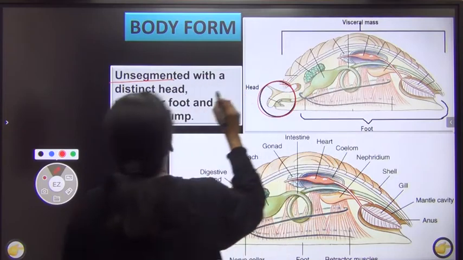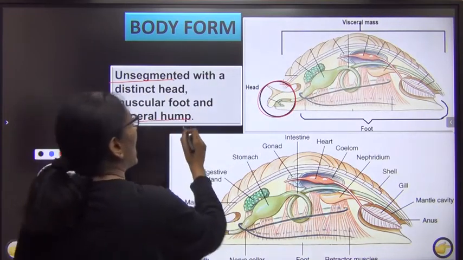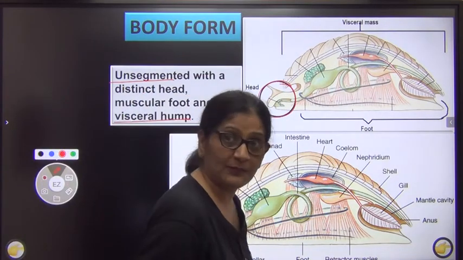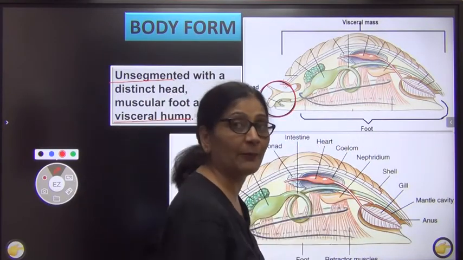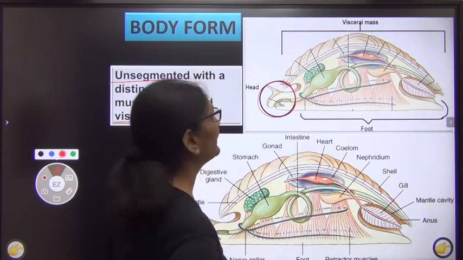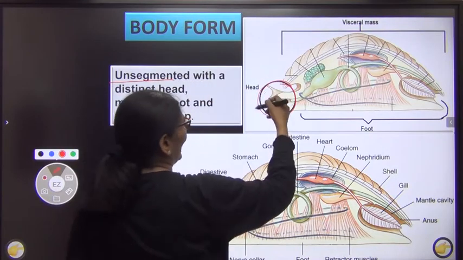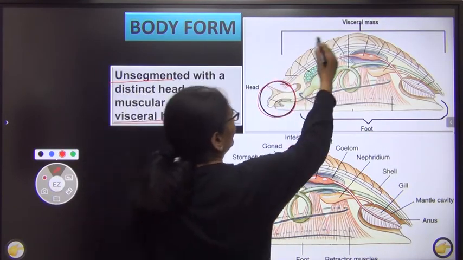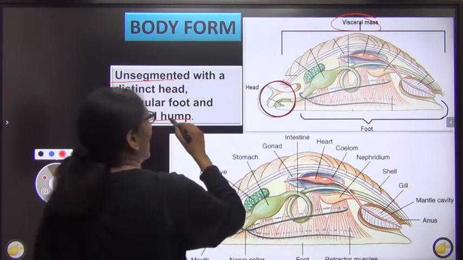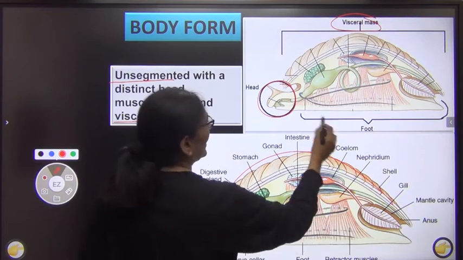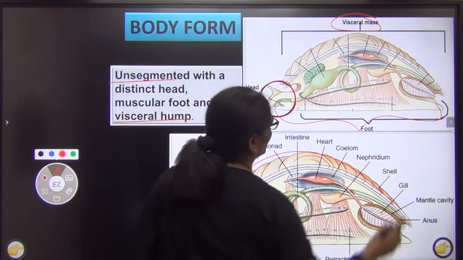Then there is a body which is also called the visceral hump. A hump is the projected part of the back. You know that a camel also has a hump. So in them the anterior region is called the head. This part of the main body is called the visceral mass or the visceral hump, since it looks like a hump. And then this part is called the foot.